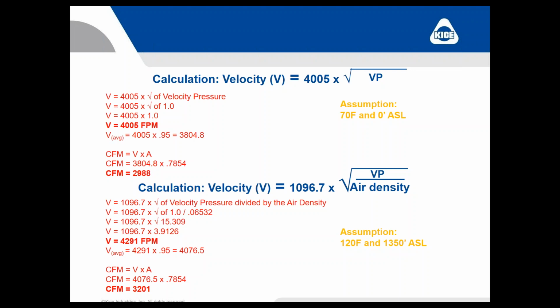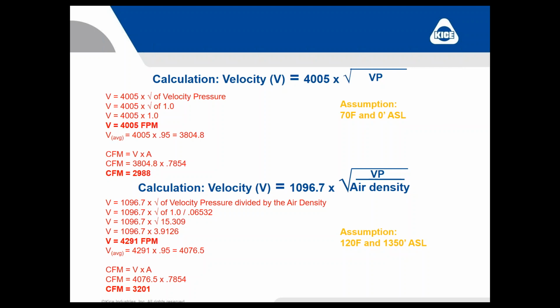Then I average my velocity, again because it's a 12-inch line, and we know we're using 0.95, I get a velocity of 4,076.5 feet per minute. CFM equals V times A. CFM equals my average velocity times my area. My CFM is now 3,201.